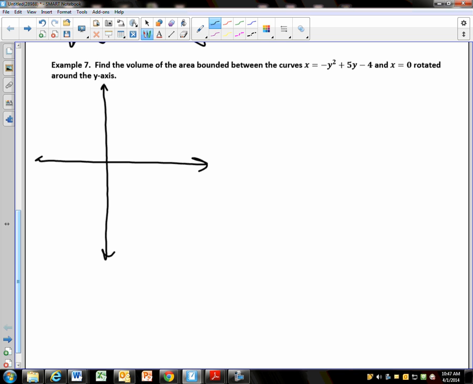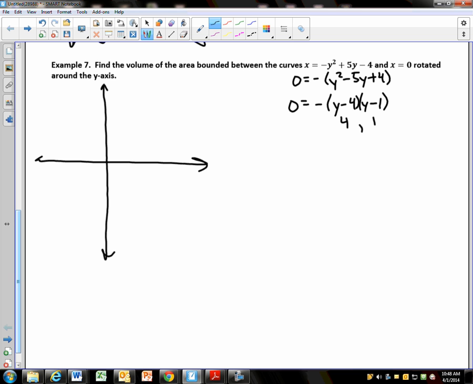Instead of finding x-intercepts here, we're going to find y-intercepts. So we set it equal to 0, and I can factor out a negative. I get 0 equals negative, y squared minus 5y plus 4. How's that factor? y minus 4, y minus 1. So I have solutions at 4 and 1.